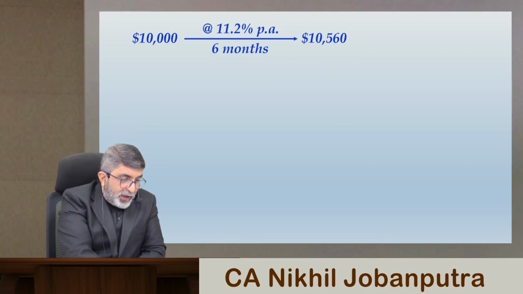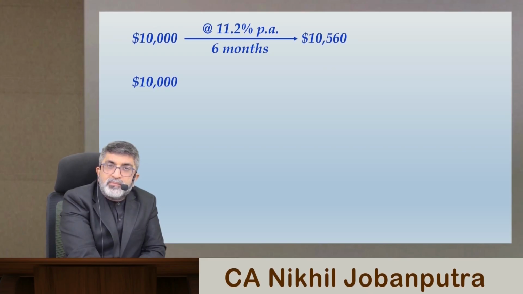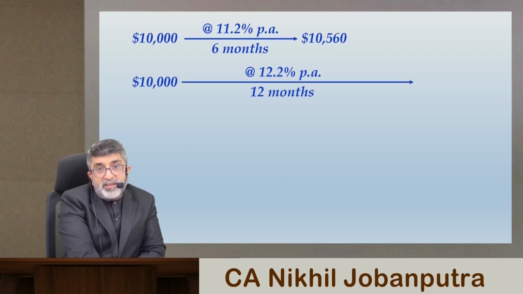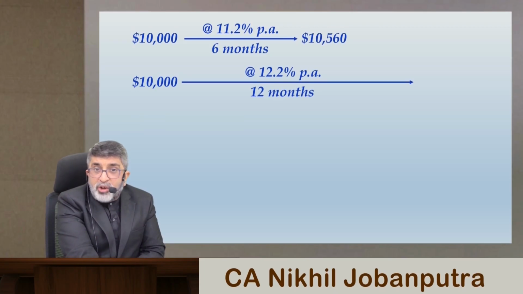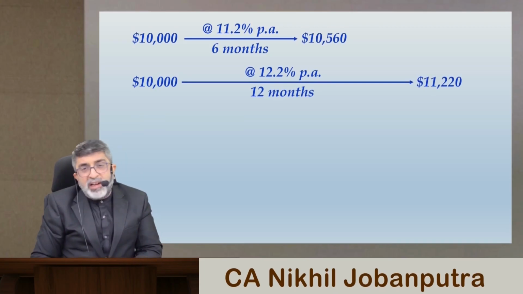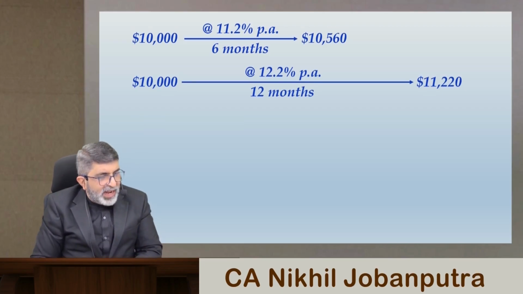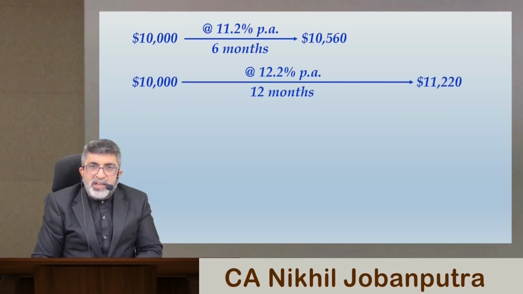However, if I would have borrowed the same sum, $10,000 now, but for a period of 12 months, the applicable rate would have been 12.2%. In that case, the maturity value after 12 months would go to $11,220. Simply 12.2% added to $10,000, $11,220 is the maturity value.